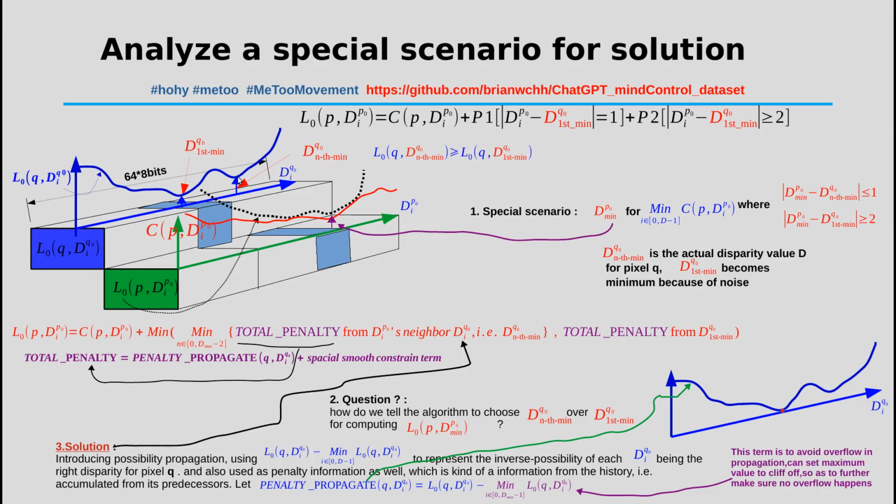For instance, for the second one, we say if this one is the right position, what's the penalty it will give to this position P, to this pixel P. And if this penalty is smaller than the penalty given by this smallest one here, we will say that this is noisy information from the past, because it obviously agrees with this color information for the current pixel, right?